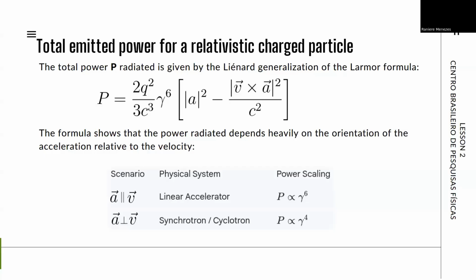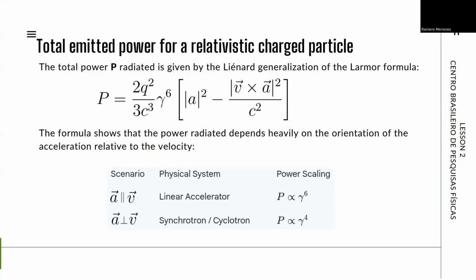Okay, so this acceleration we can use in the norm of the acceleration we found in the previous slide. Do you remember, maybe I can go back a few slides. Do you remember the Larmor formula for the power was 2q squared over 3c cubed, a squared. Now we substitute the a squared by the relativistic acceleration.